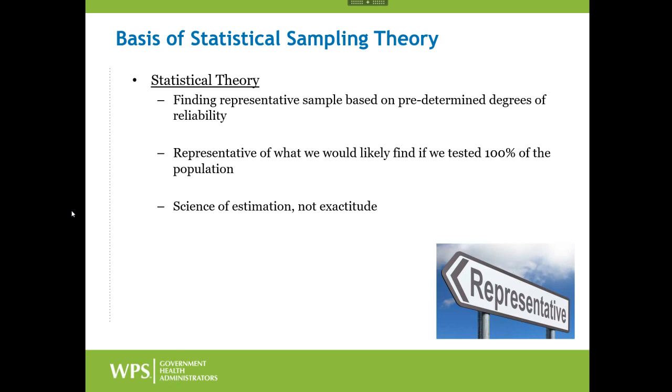But again, there's no way to know for sure what that would be because they're not going to be testing 100% of the population of a multi-thousand line listing. Auditing and statistical sampling in general is a science of estimation, not exactitude. It's never intended to be exact. There is risk built in, but it's a reasonable and acceptable risk.